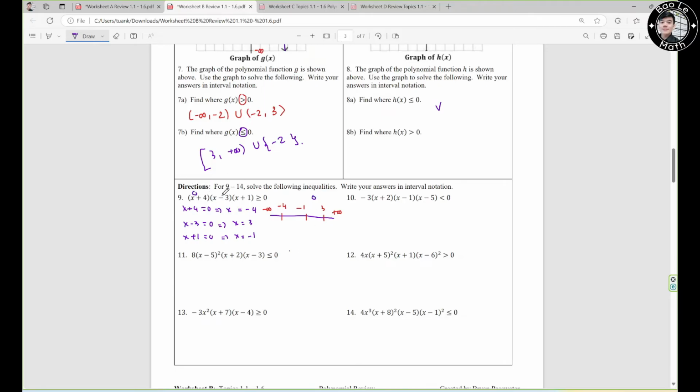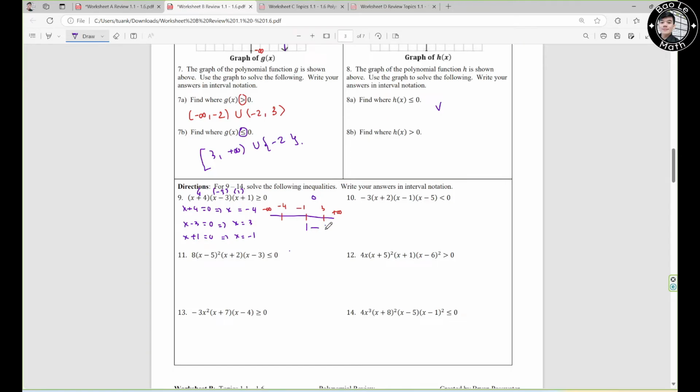So I have 0 plus 4, 0 minus 3, 0 plus 1, right? So I have 4 times negative 3 times 1, right? And I look at this one, it's going to be negative 12, and it actually is negative, right? So within this interval right here, I have negative, right?